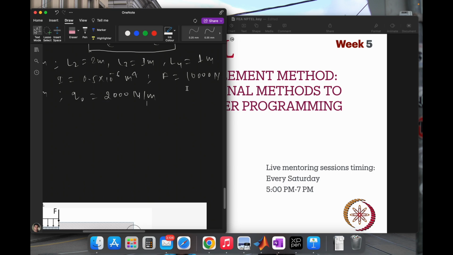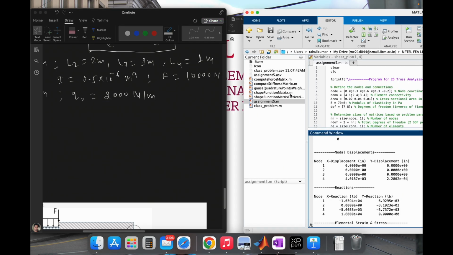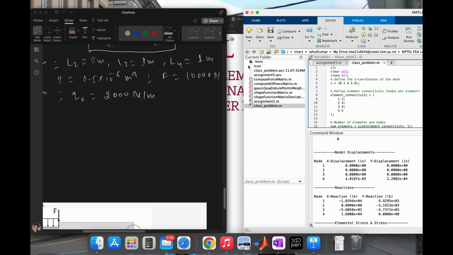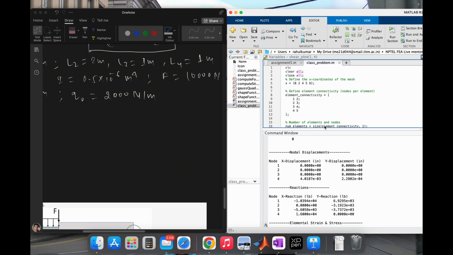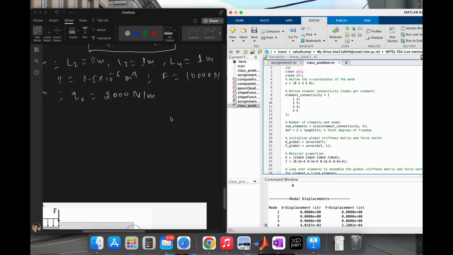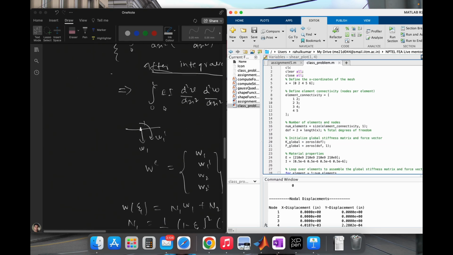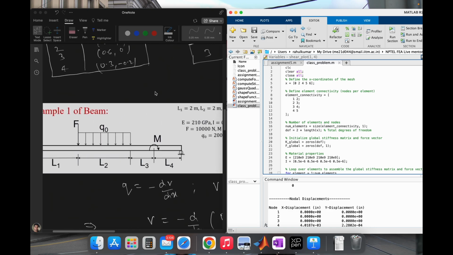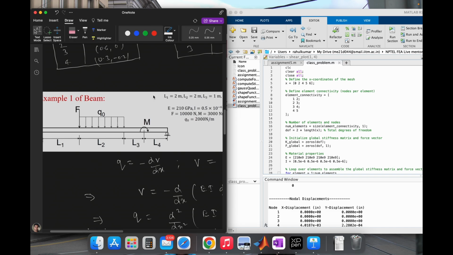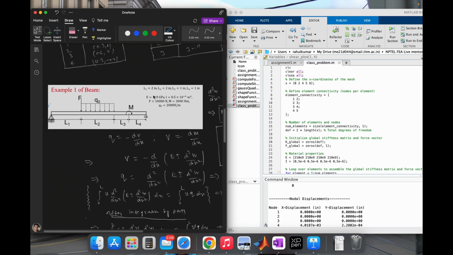So this is the data which is given. Now let's move to the code which I have written. In this code, we first need to create the mesh.